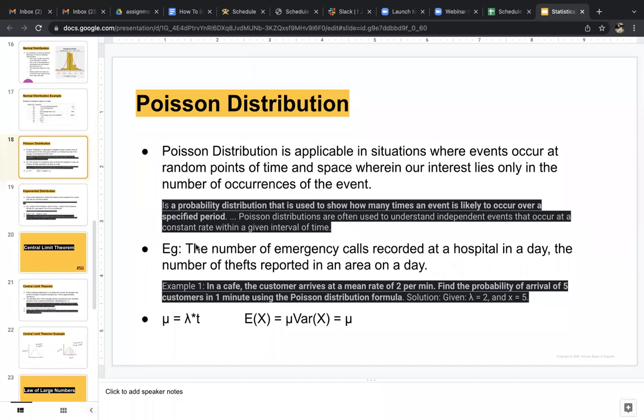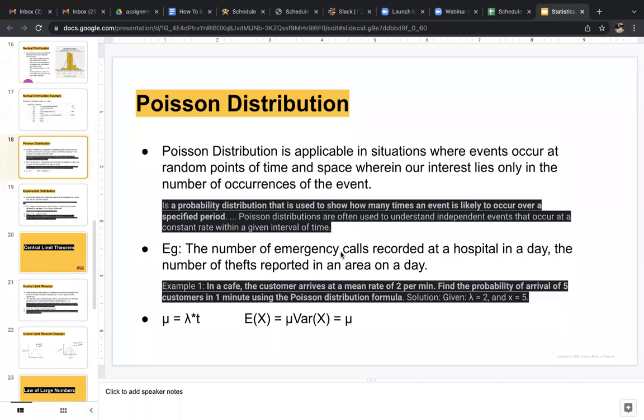The best example of Poisson distribution is, say, suppose in a cafe, the customer arrives at a mean rate of 2 per minute. Find the probability of arrival of 5 customers in 1 minute using the Poisson distribution formula. So in here, you can see that you're told to find the number of occurrences over a given period of time.